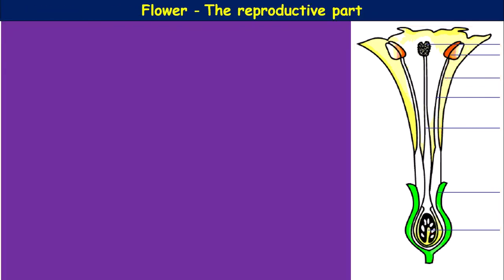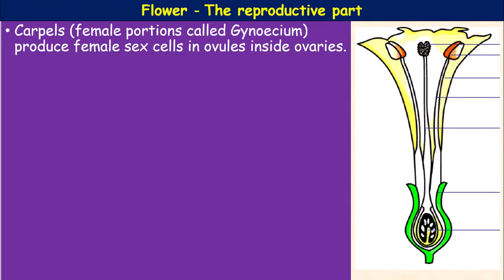Next, the female portion called gynoecium, a carpel consisting of a basal swollen portion, that is called ovary. So this middle one is called as a carpel, and this is the swollen portion which is present at the bottom, at the center of the flower.